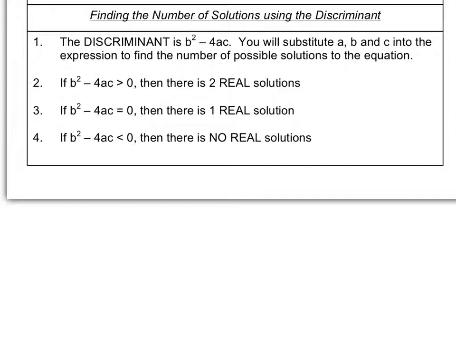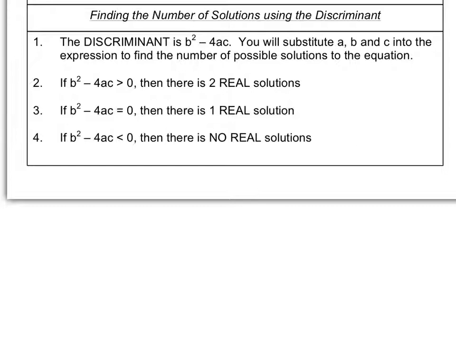If you plug a, b, and c into the discriminant of b squared minus 4ac, and you come out with it equal to 0, you're going to have one real solution. That means you're going to have one answer. So x might equal 3 and x might equal 3, so it still counts as only one answer because it's the same number.